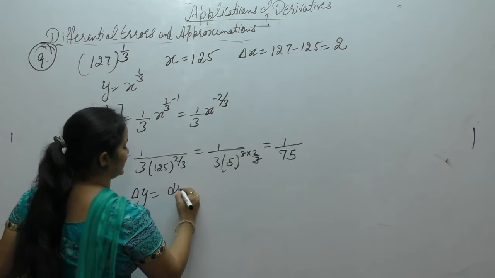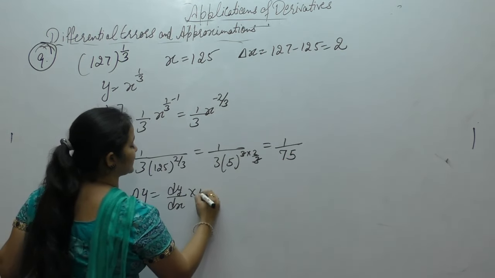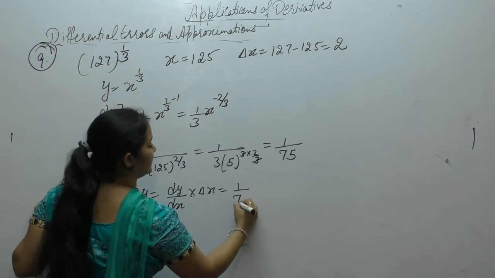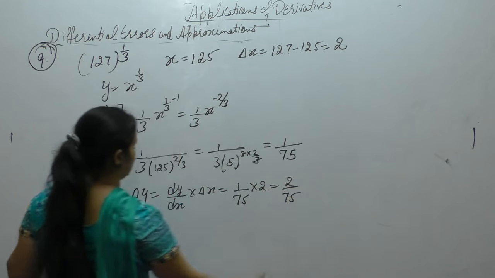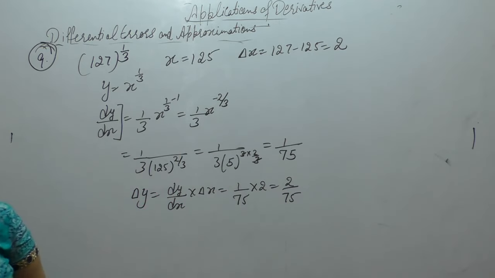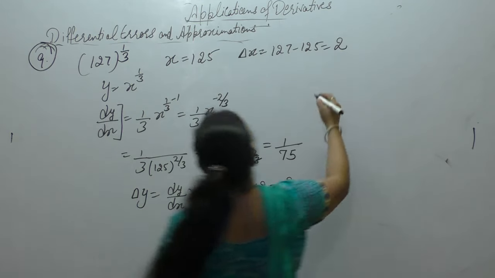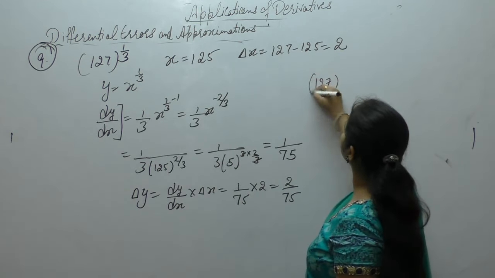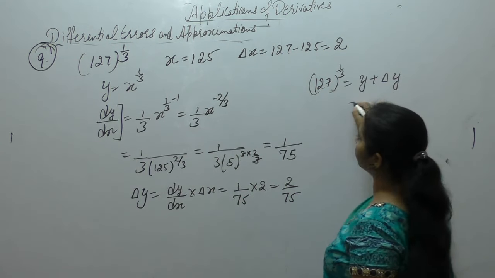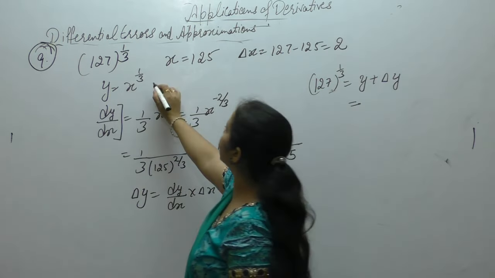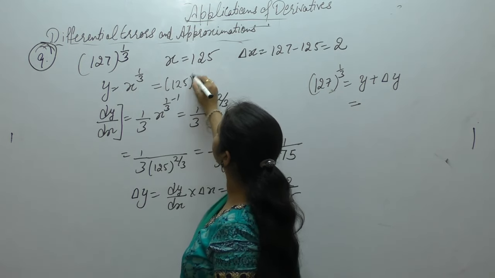Delta y is dy upon dx into delta x: 1 upon 75 into 2. So we get the value of delta y as 2 upon 75. Now 127 power 1 by 3 is y plus delta y. y is this and x is 125.